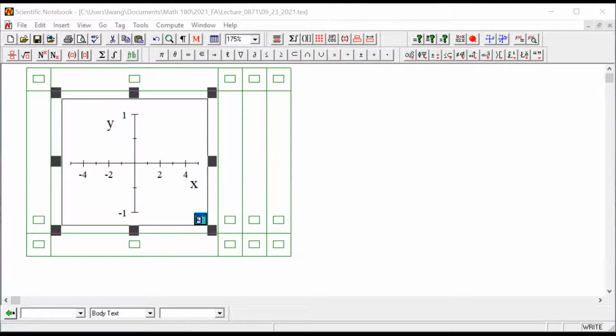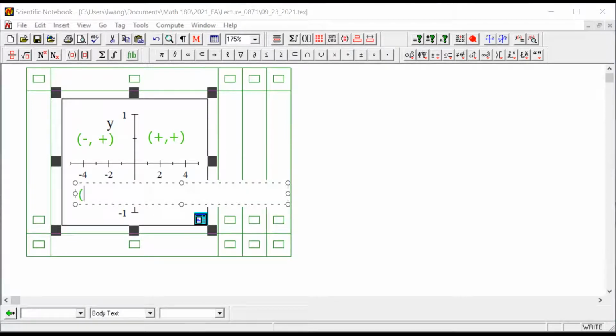So in the first quadrant, for any particular point we have x comma y. X is positive, y is positive. What happens in the second quadrant? X is negative, y is positive.